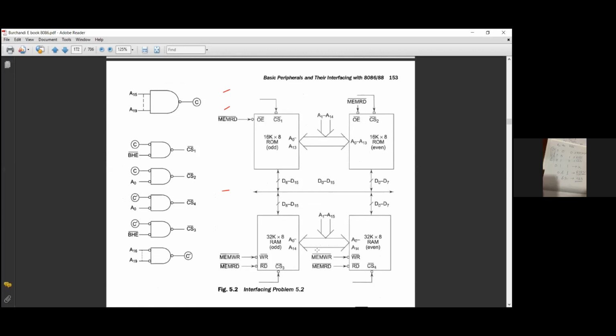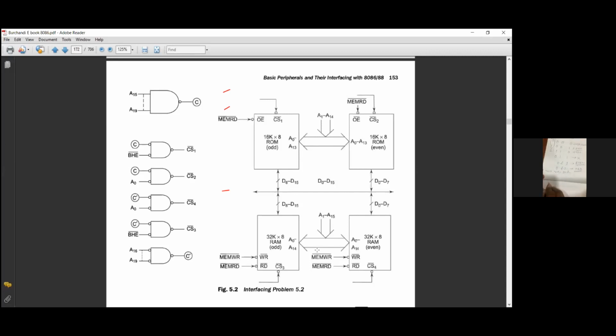So just see. 2 chips of 16K into 8 means how much? 2 times 16K means 32K.